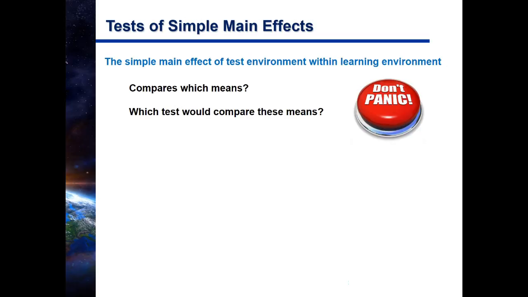We could go in the other direction. In other words, we could switch our variables around. So instead of looking at the simple main effect of learning environment within test environment, what if we looked at the simple main effect of test environment separately for, or within, learning environment? All right.